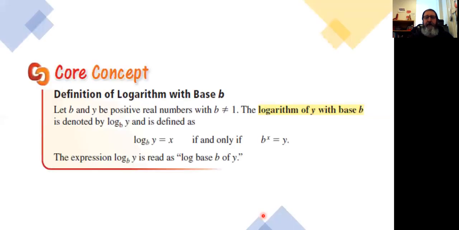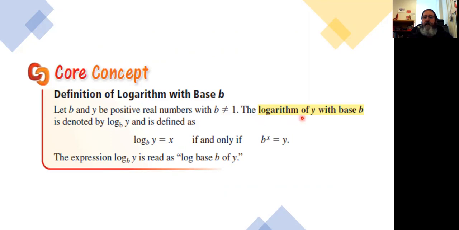All right, so in your book here, you have the definition of logarithm with base b. This thing's a little bit wordy, and I know that, but we'll just look at it briefly. Let b and y be positive real numbers, and b cannot equal 1.